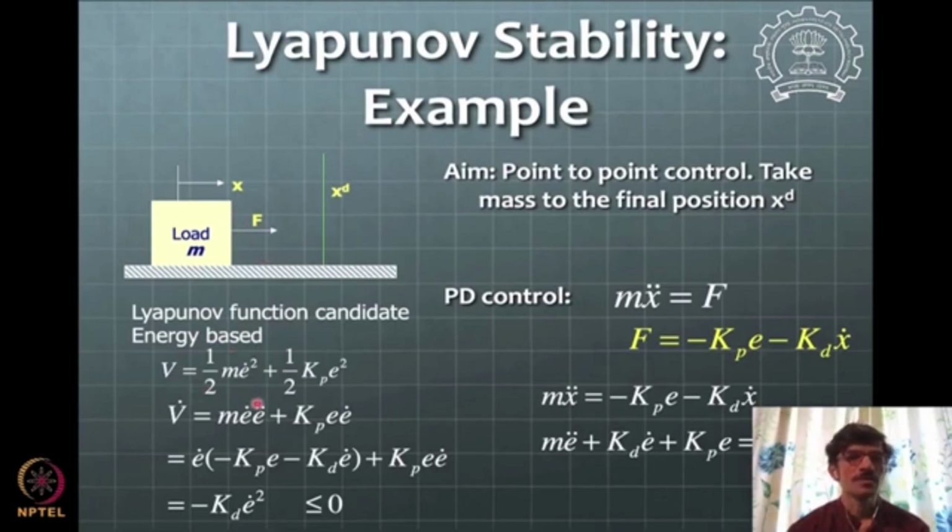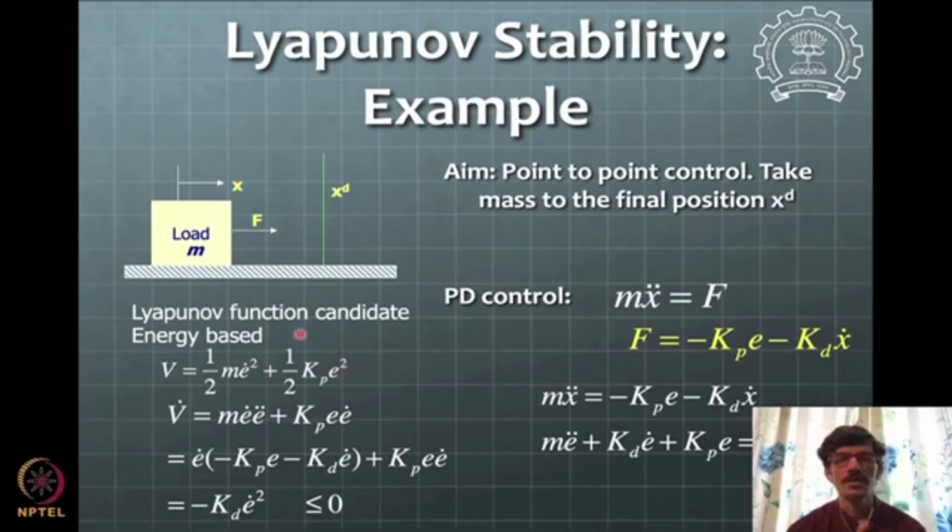This is the first term in V. Then we have the potential energy, because the proportional control here acts as if we are connecting a spring. The spring potential energy is half Kp times E square. With this Kp, we are putting a spring which is deformed by the value of the error, and E will be 0 when the mass reaches the final value, x_t. So this term comes from the proportional control term.